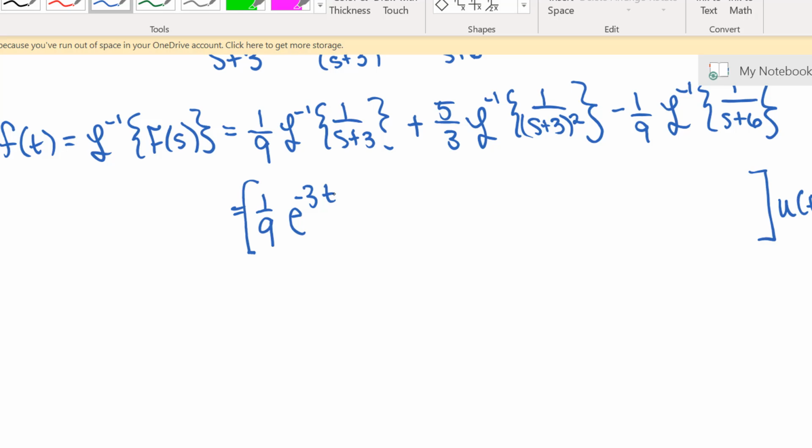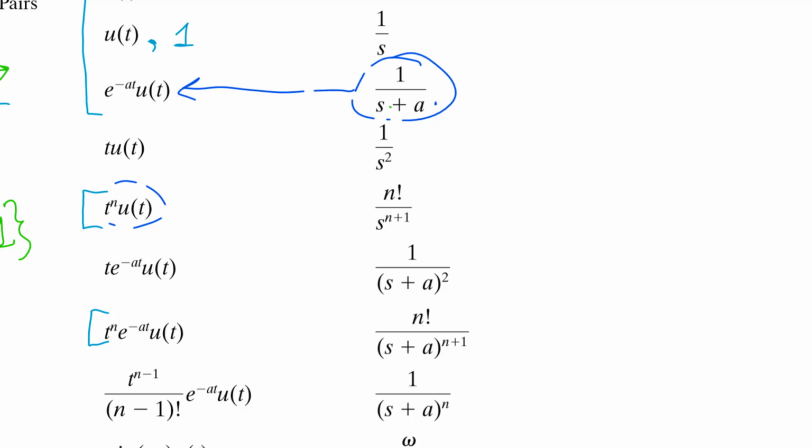And then plus 5/3. Okay, now it's s plus 3 squared. So let's go back and look at the table. So now we're using this one. So it's t, you multiply by t. So I have t e to the negative at.